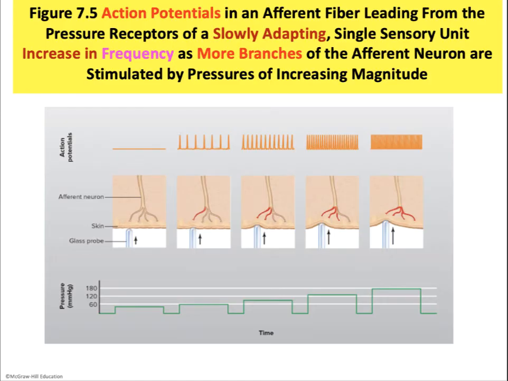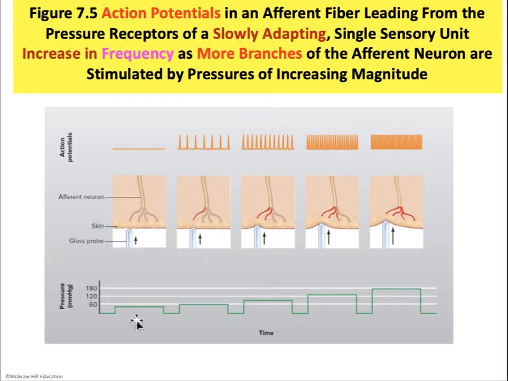Figure 7.5 nicely conveys the concept of touch and the perception of that touch as action potentials by the central nervous system. Once again, there are three parts to this figure. The bottom part is the pressure applied with the glass probe, and the middle illustrates which portions of the dendrites are activated, and the top measures the electrical activity, the action potentials generated in those neurons.